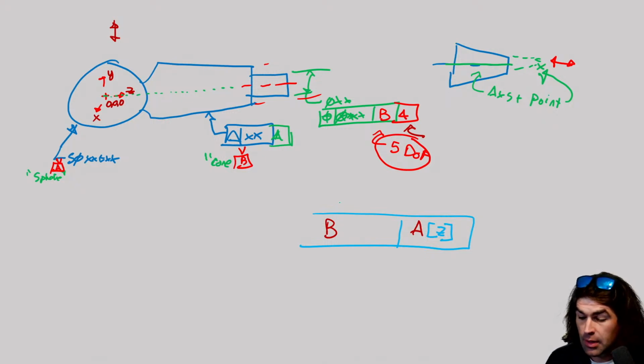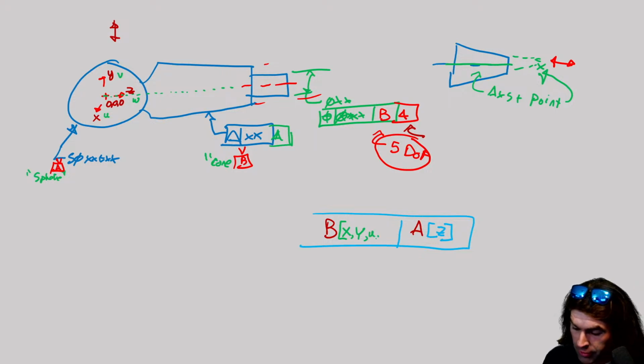Okay. So it's going to take away X and Y. Those are translational degrees of freedom. And it's also going to take away, so X has little u, Y has little v, Z has little w. It's also going to take away little u and little w.